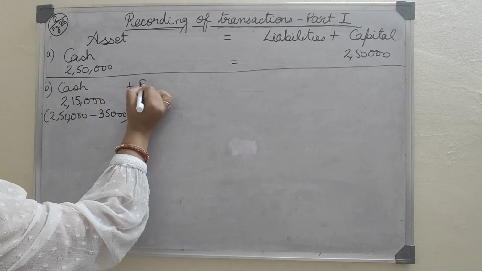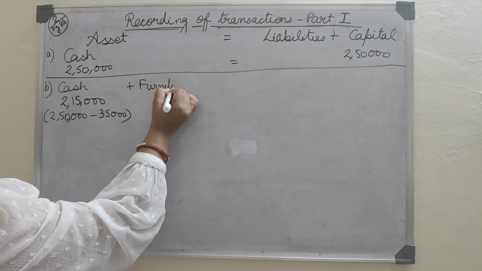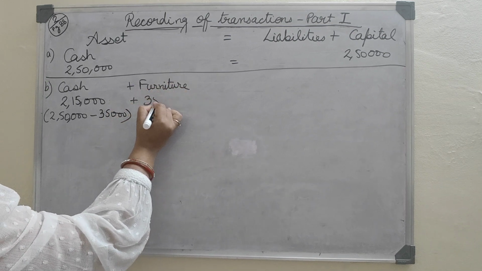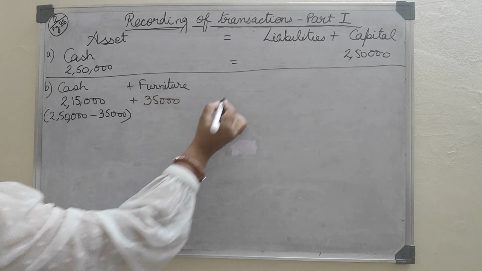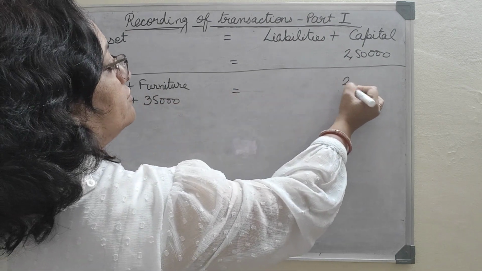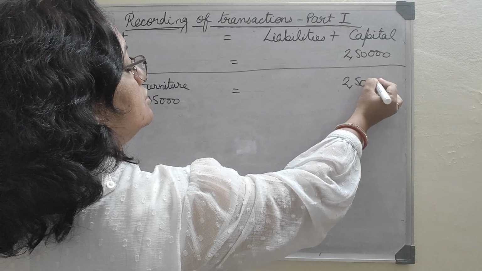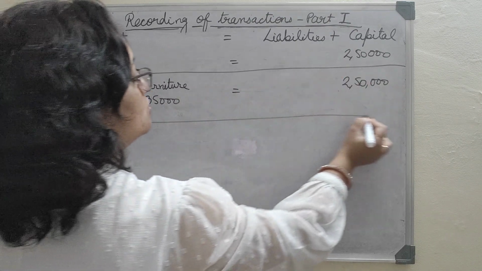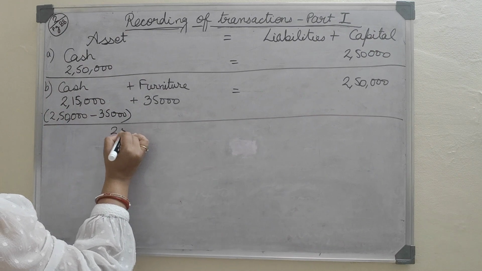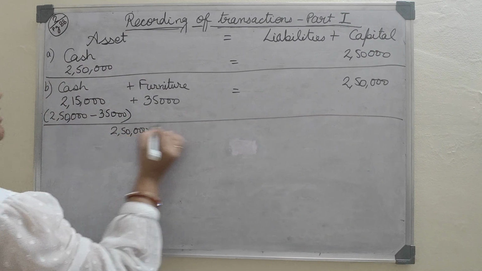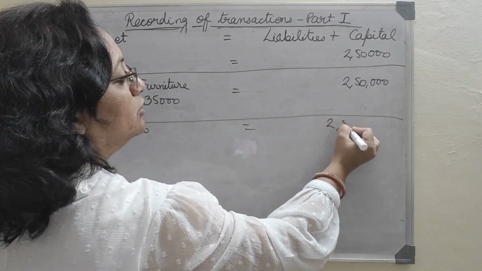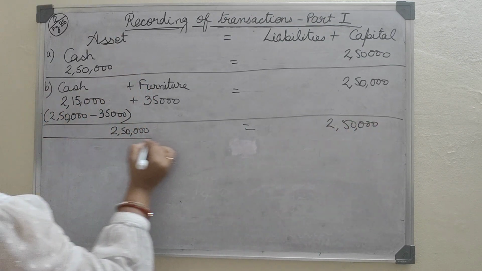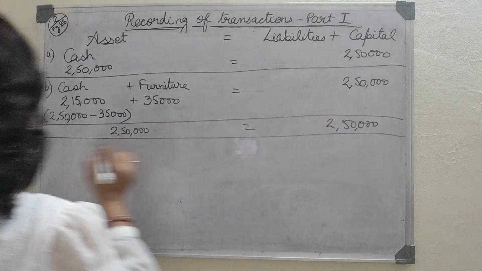And over here what is added? Furniture, 35,000. So this side is not affected. For this transaction, two entries are made on the same side, so the total remains the same. 2,50,000 is equal to 2,50,000. Right?